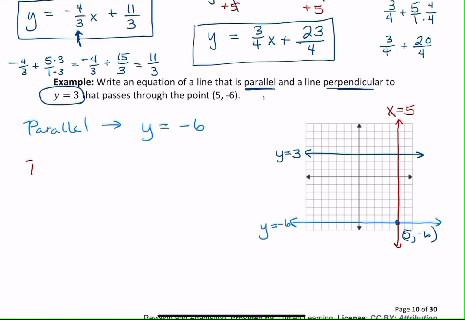So your perpendicular is going to be the line x equals 5. So with a horizontal line, the perpendicular won't have a y term, it will always be x equals. So if you understand what's going on there, the picture really helps. You can see that you've got a horizontal and a perpendicular line there. So I hope that helps.